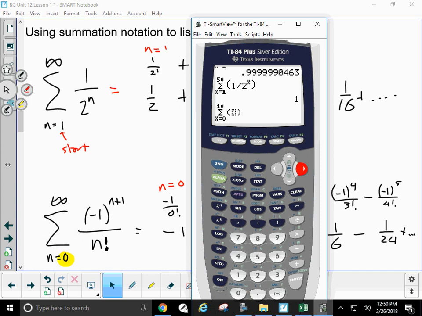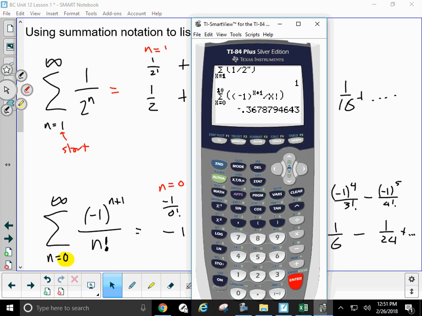I got (-1) to the, I want to put this in parentheses, n plus 1, divided by n factorial. Math, probability, 4. Okay, so we get this -0.367.